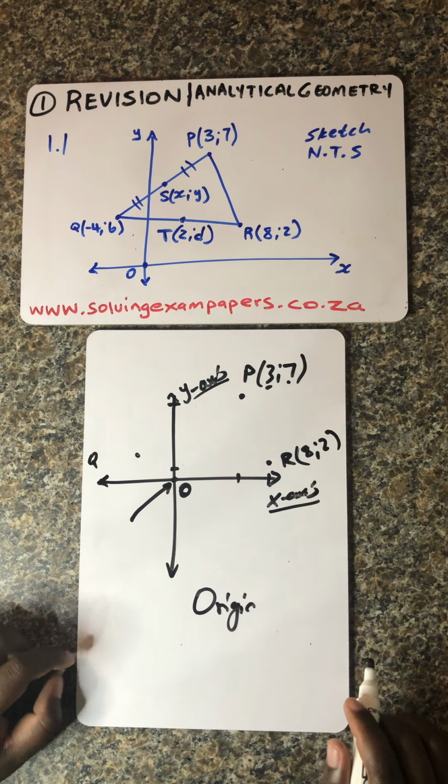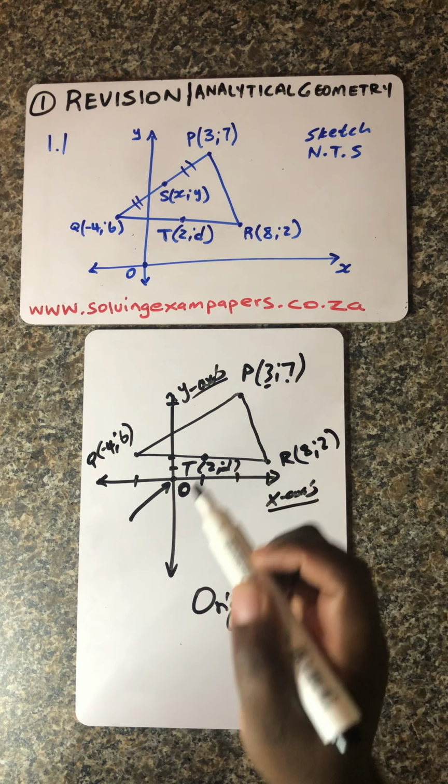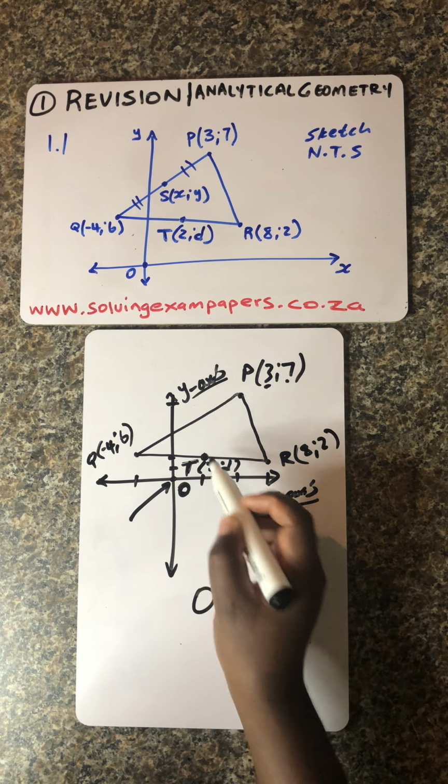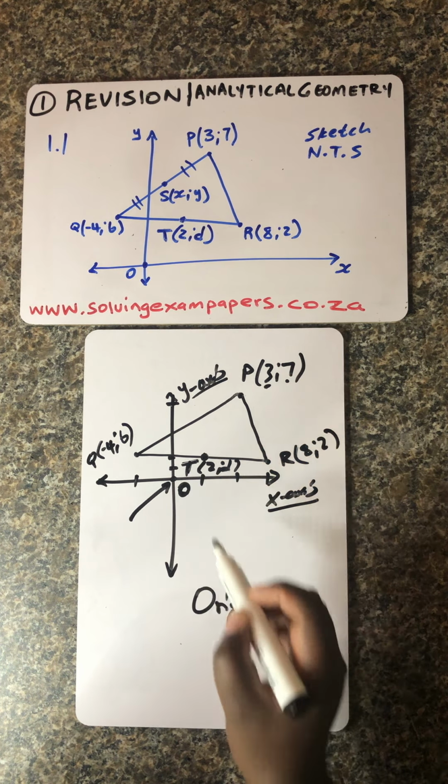So just in case as we move with this lesson, there's somewhere where we need to calculate the value of D, just know, ladies and gentlemen, that the value of D refers to the y value of point T, which is that point over there along that straight line. Very, very much important, ladies and gentlemen.